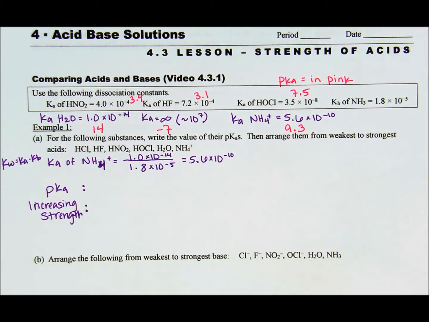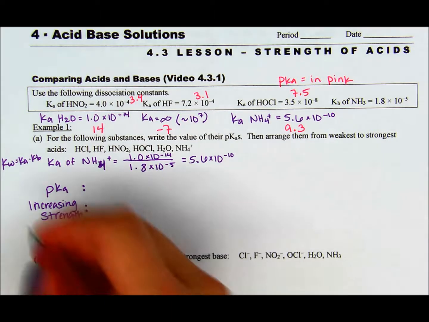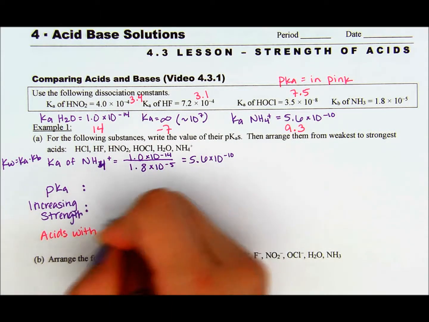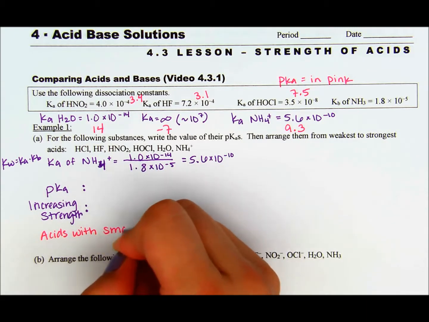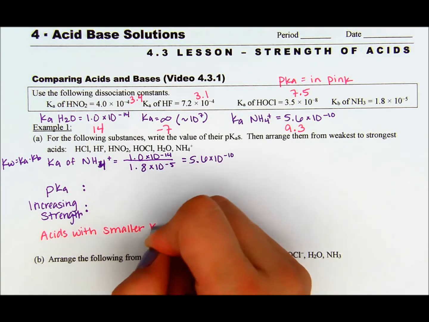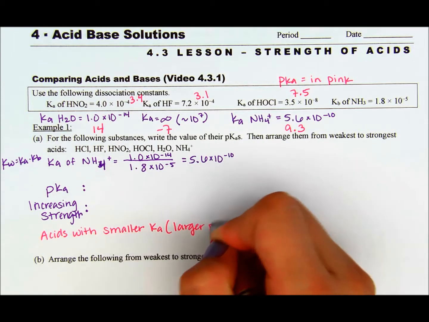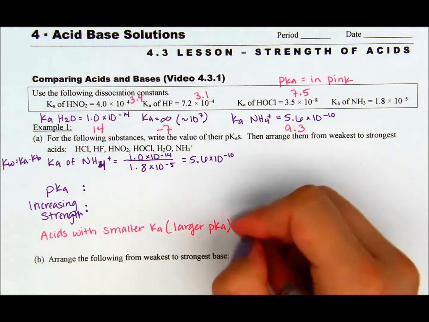Now, the acids with a smaller Ka or larger pKa, because they're inversely related, are weaker.